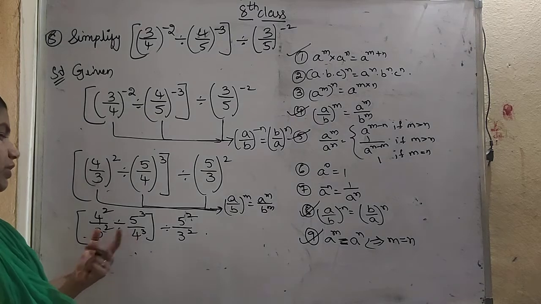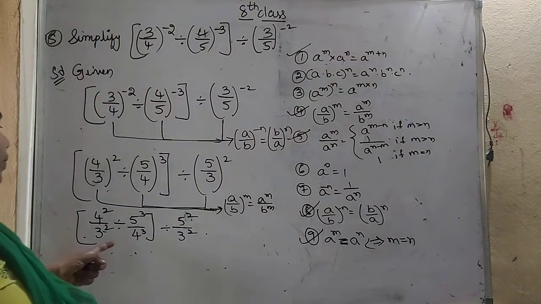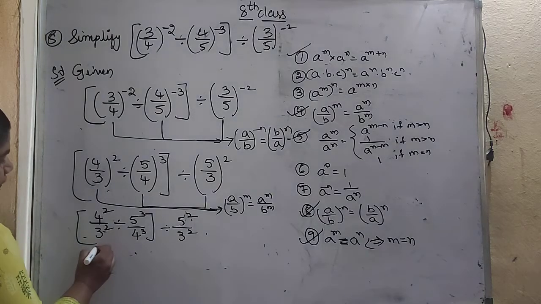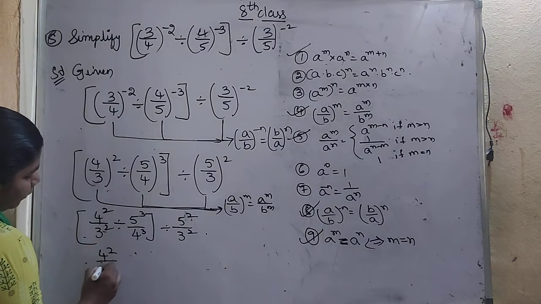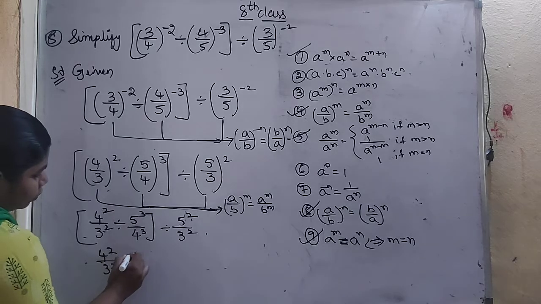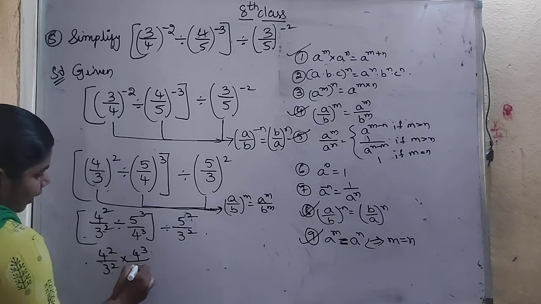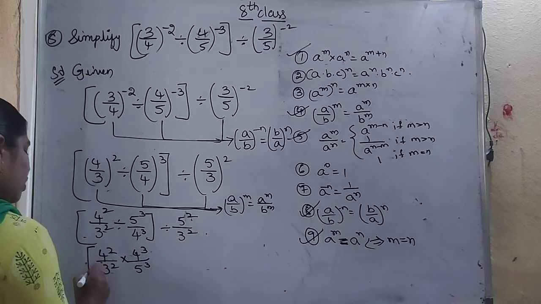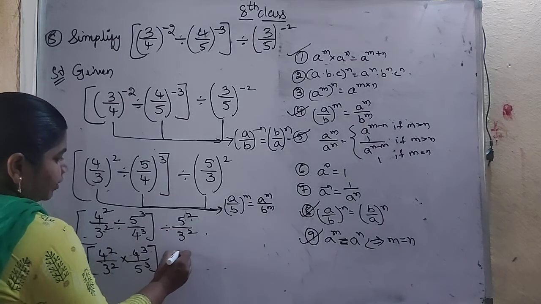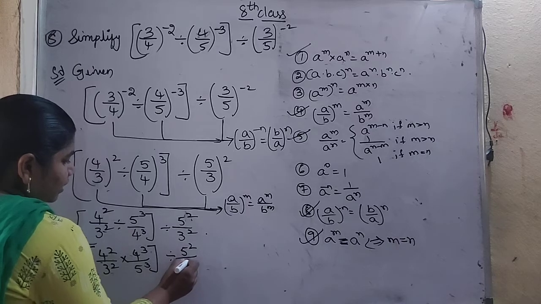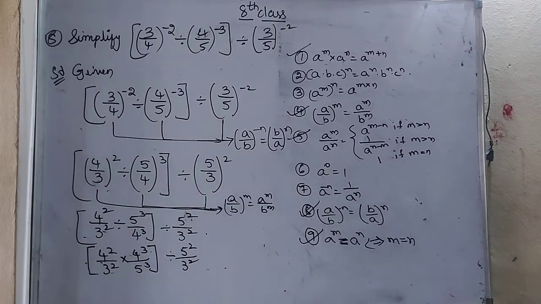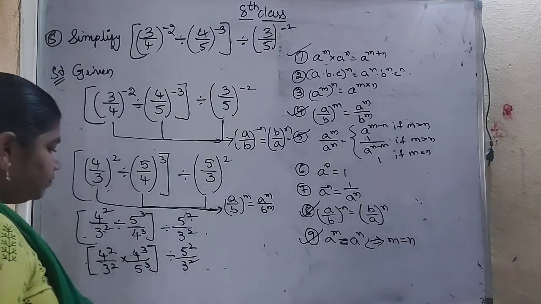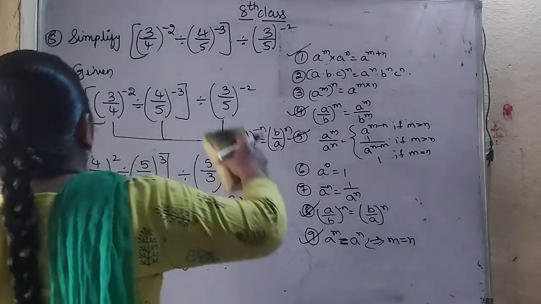Now how to divide these two rational numbers? The division will be converted to multiplication and the second term will be reciprocal. So we can write here 4 square by 3 square into 4 cube by 5 cube, divided by 5 square by 3 square.